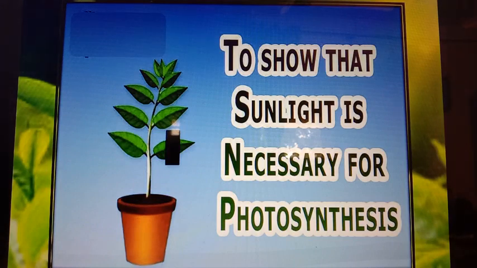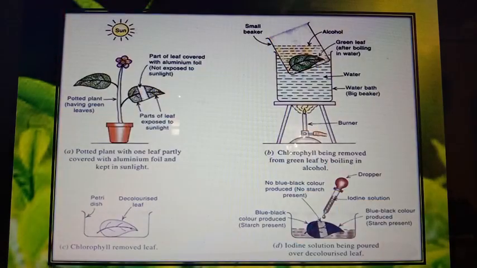First experiment: to show that sunlight is necessary for photosynthesis. This is the full experimental setup. So what are the requirements for this experiment? Potted plant, a piece of black paper or aluminium foil, glass beaker, test tube, alcohol, water, iodine solution and burner.